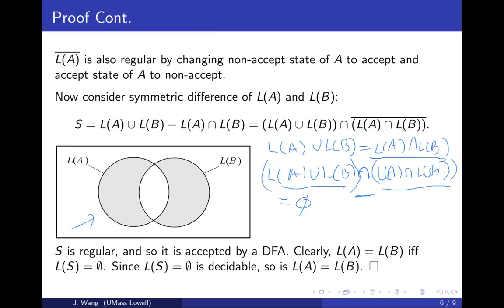So it really is equivalent to seeing whether that DFA accepts something, and we know that is decidable from earlier. So determining whether two DFAs accept the same language, are identical, is decidable.